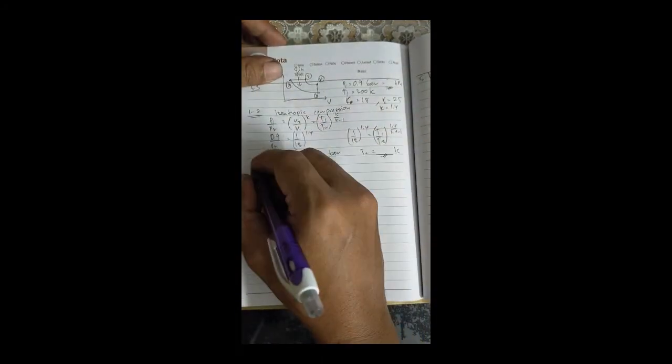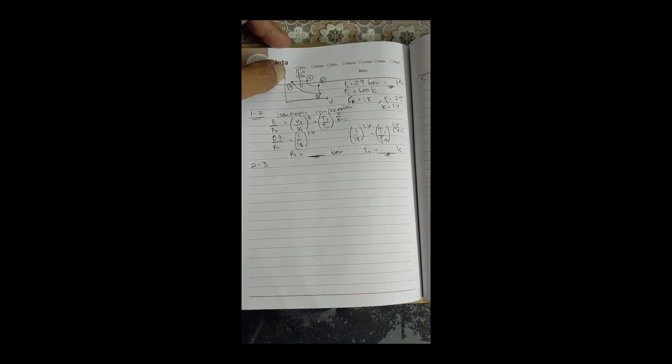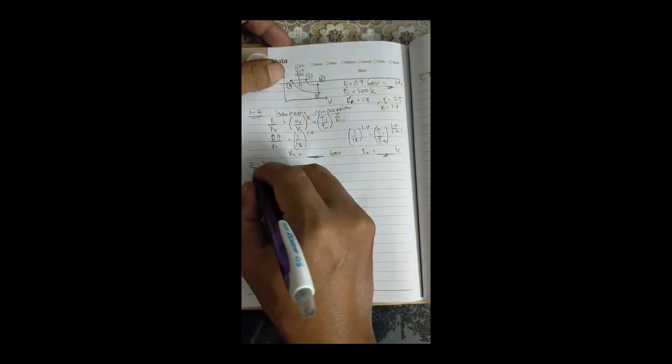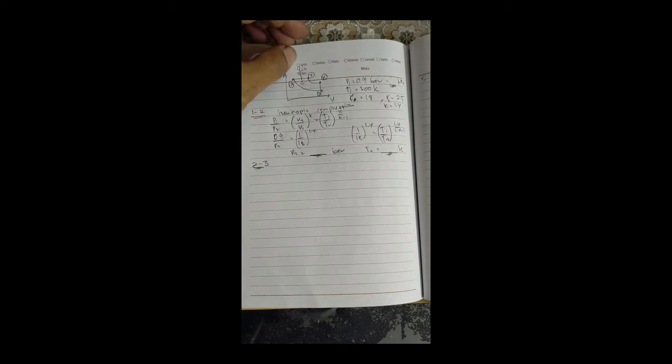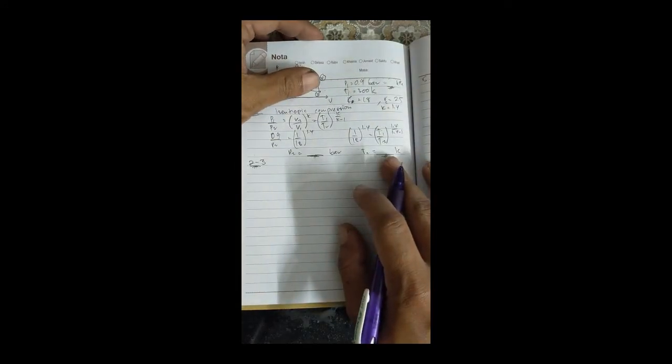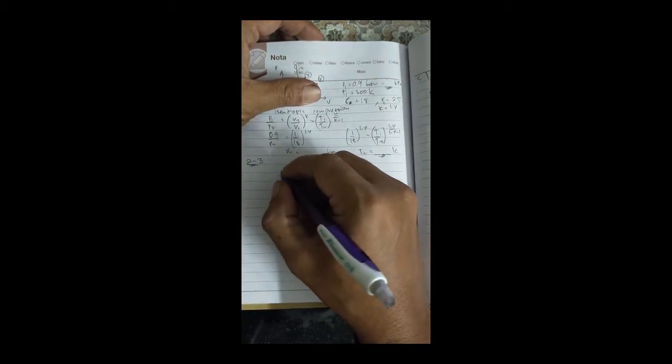Okay, so 2 to 3 is isobaric heat addition. In this example, how much heat is being added is not mentioned, so we need to determine it using PV equals mRT.